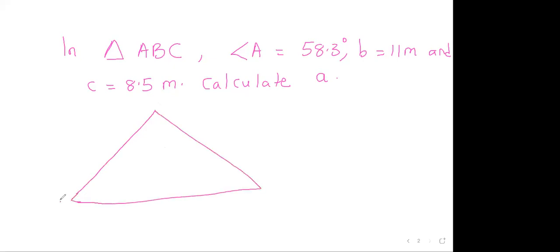Feel free to label it the way you want, like maybe this can be your A, this one can be your C, and this one can be your B. It doesn't matter as long as you have labeled it. So angle A, they have told us, is 58.3. Side B is 11 meters, and side C is 8.5. Members, have we drawn it like that? Yes. Okay, now let us go on and try to find what our A is.